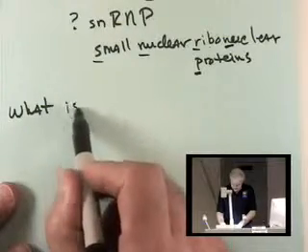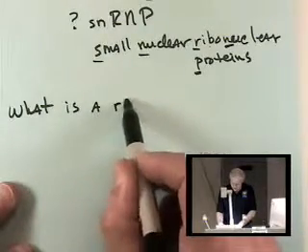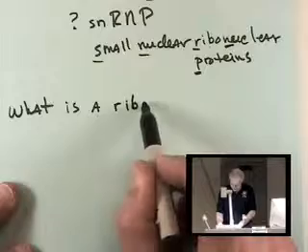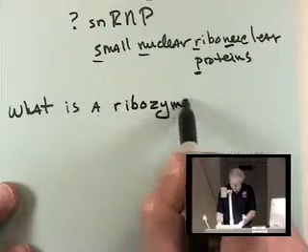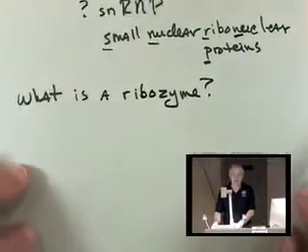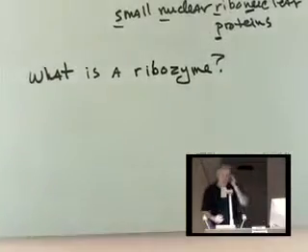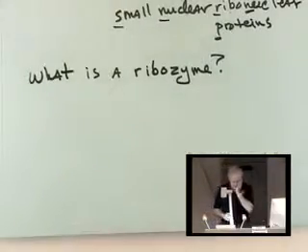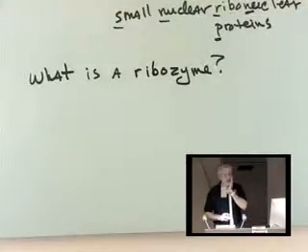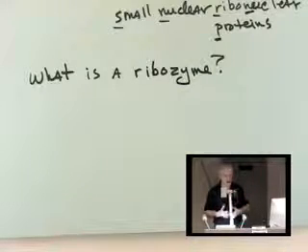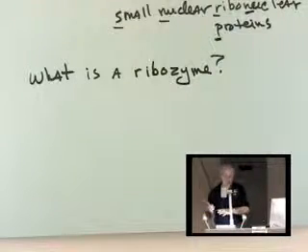What is a ribozyme? So it hasn't been very long, decade or more, I guess, that we've come to understand that nucleic acids, actually RNAs specifically, have enzyme-like activities. They can act on a substrate, have a specific binding site. They can change the substrate so you get a product.